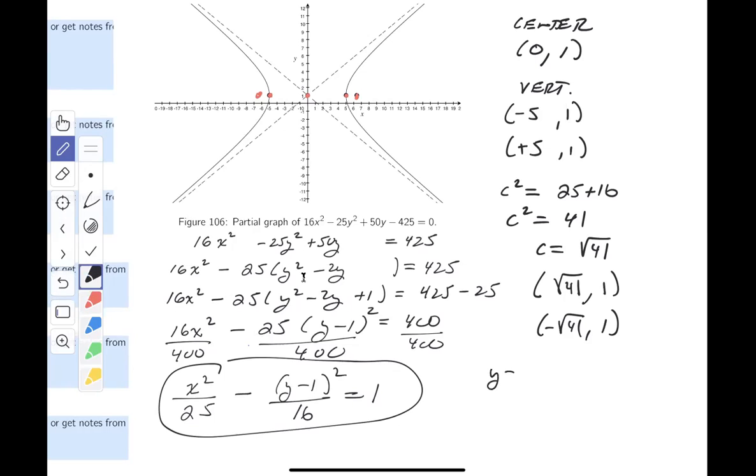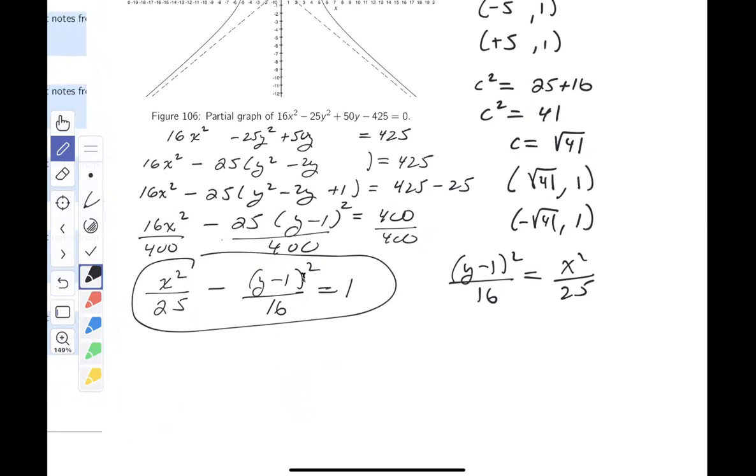So (y minus 1) squared over 16 would be the same thing as x squared over 25 when x and y get really large. So we'll write this down. (y minus 1) squared is 16 over 25 x squared. y minus 1 equals plus or minus 4/5 x.